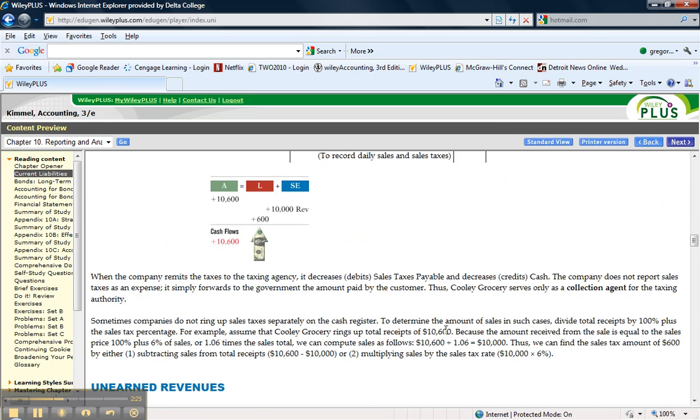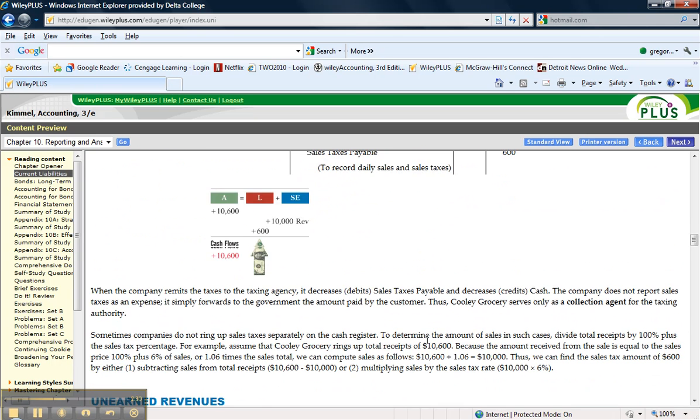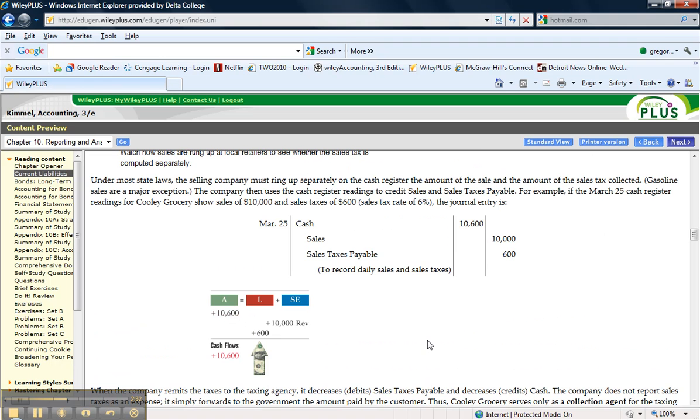But sometimes, let's see if there's an example here. It doesn't really say right here, but it does get into it down here. Sometimes the sales amount includes the sales tax. What if this grocery store had sales of $10,000, but that included the sales tax number? Say the cash register can't break it out separately, then you would have to root out the sales tax piece of the 10,000 that the store collected, because they're not exempt from paying sales tax just because their system doesn't show it separately.